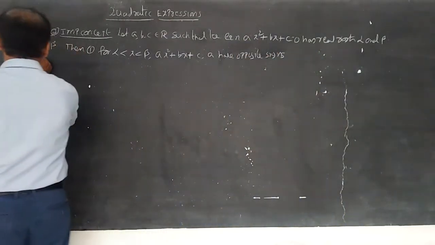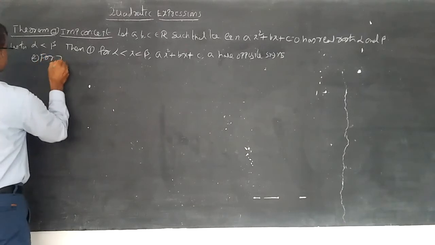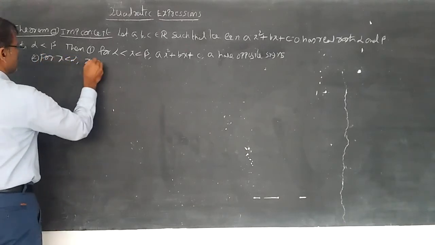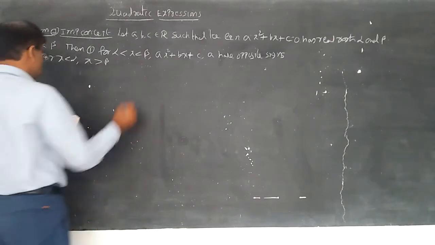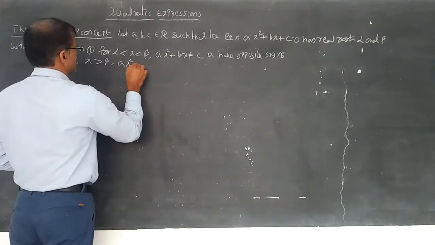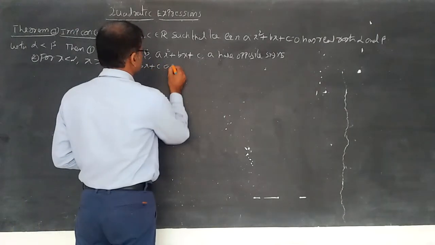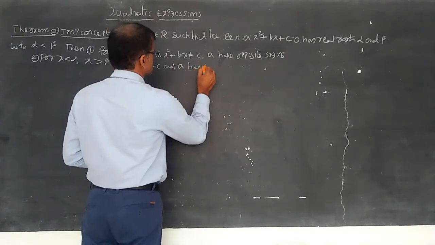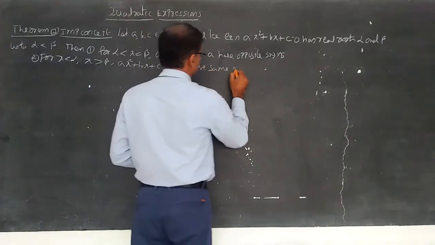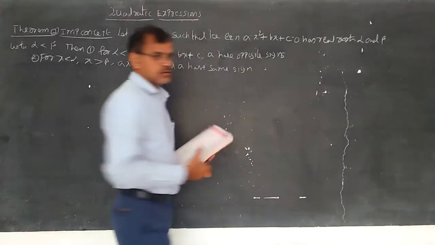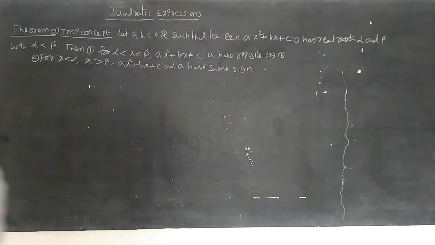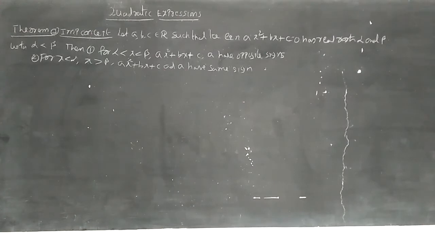Second one: for x less than alpha and x greater than beta, ax square plus bx plus c and a have the same sign. This is the statement of the theorem, with the opposite sign and same sign concept.